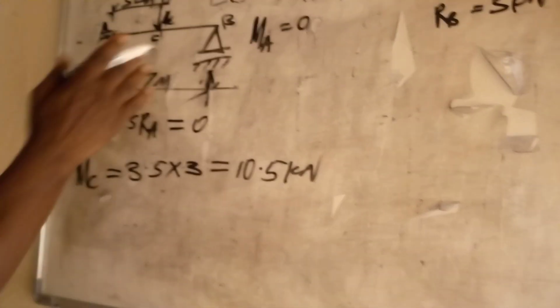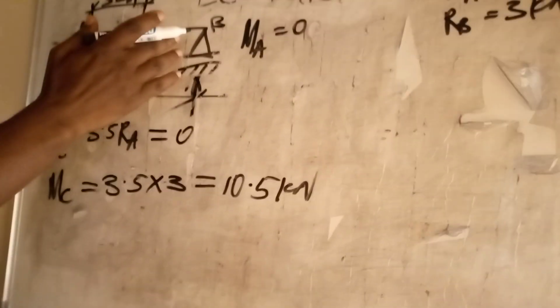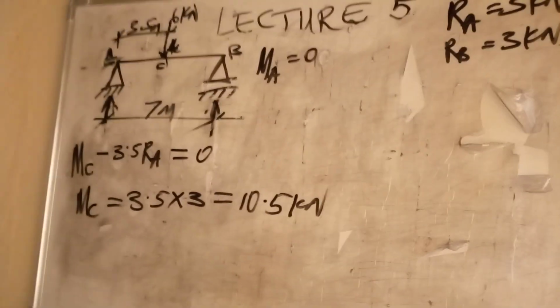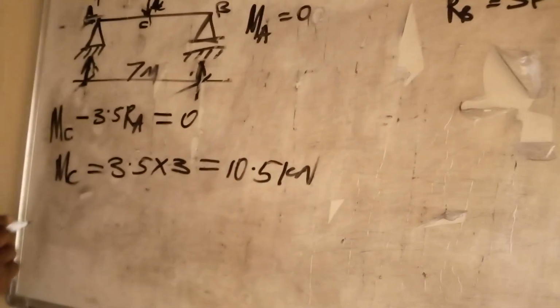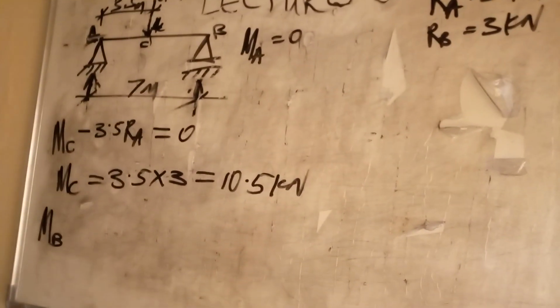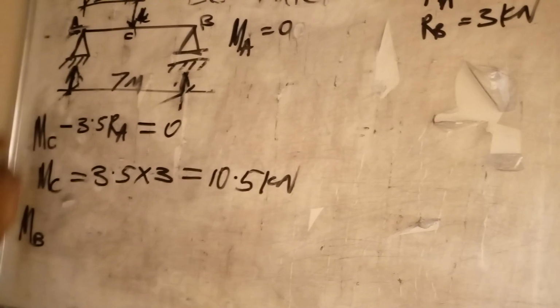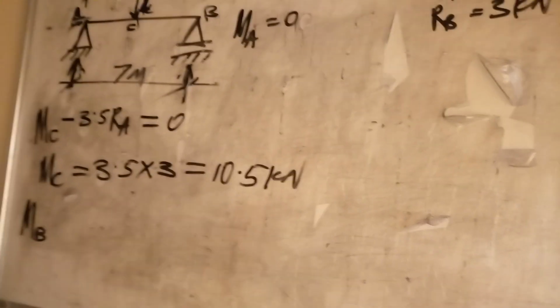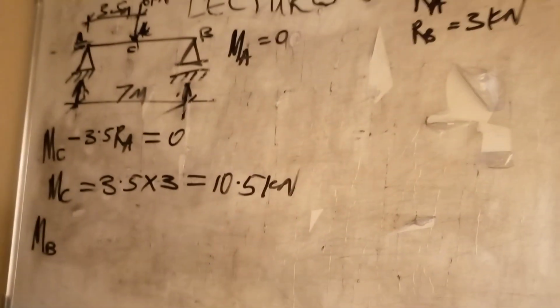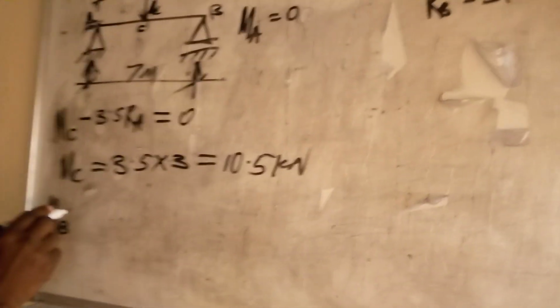Now I can get the moment at B, which will give me 0. If I take the moment at B, looking from where I started, and call it positive, then RA will be against it.